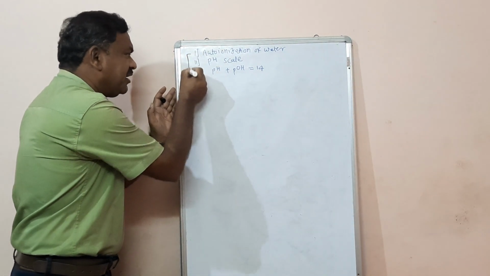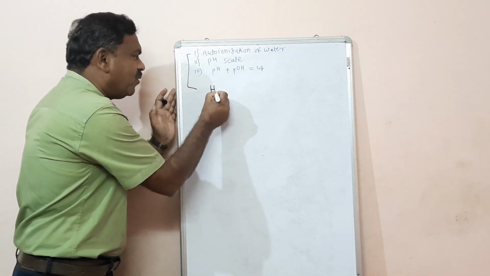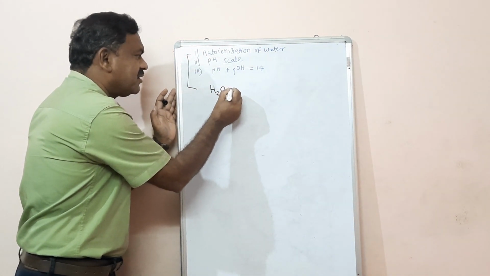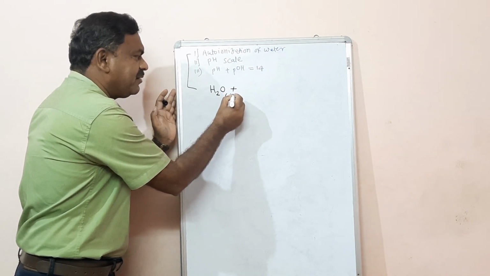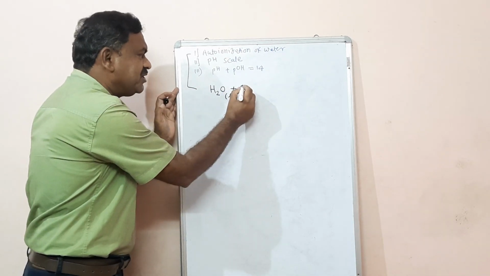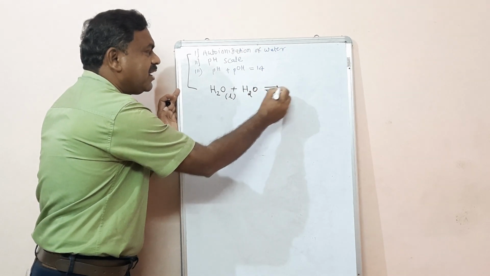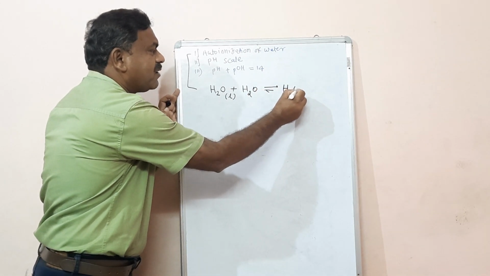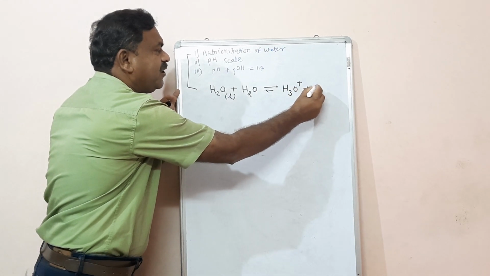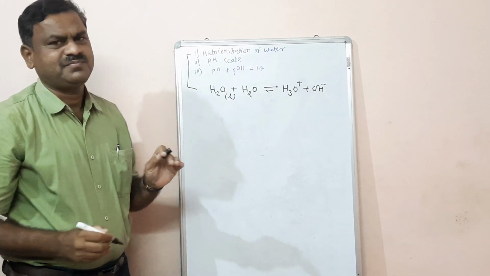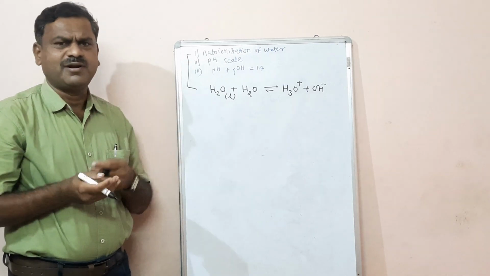Now the H2O, this is the liquid one, combines with this another H2O, it gives the hydronium ion and the hydroxyl ions. It is aqueous one.